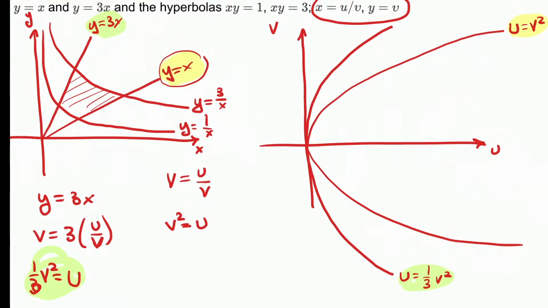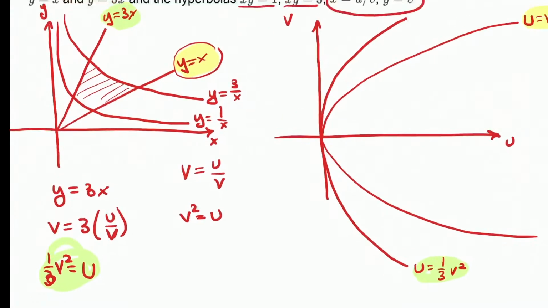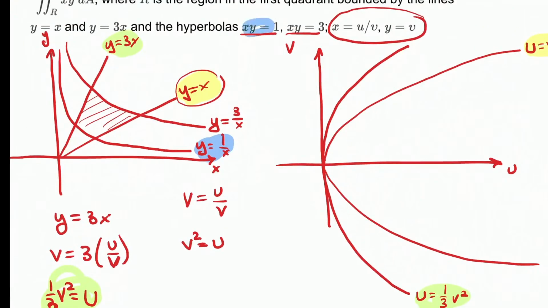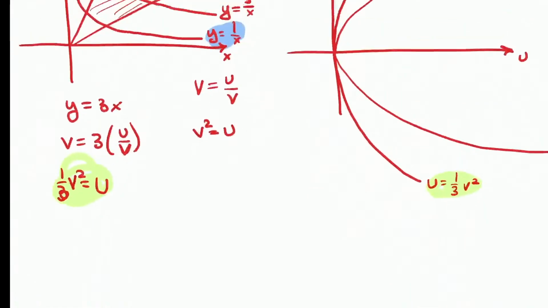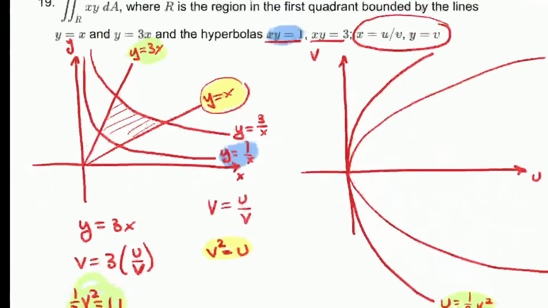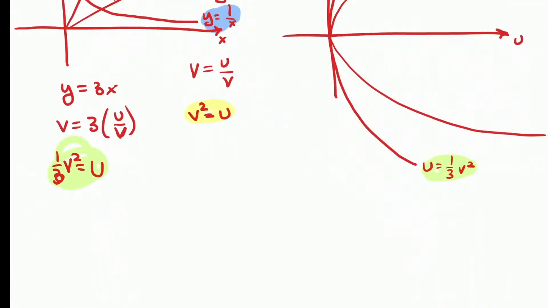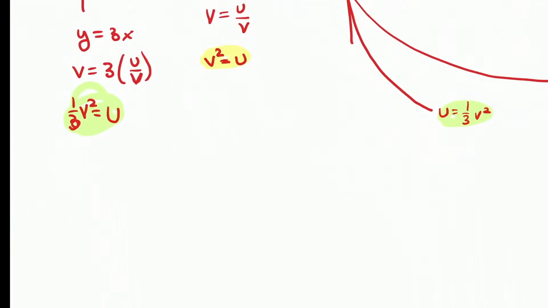Okay, the next bit are these 2 hyperbolae, and I'm going to use the way that they're written up there. Let's use the blue. So we'll do y equals 1 over x, which is the same as xy equals 1. Let's see, this one was the yellow thing up there. Okay, y is 1 over x, xy equals 1. So let's put this down here. xy equals 1.